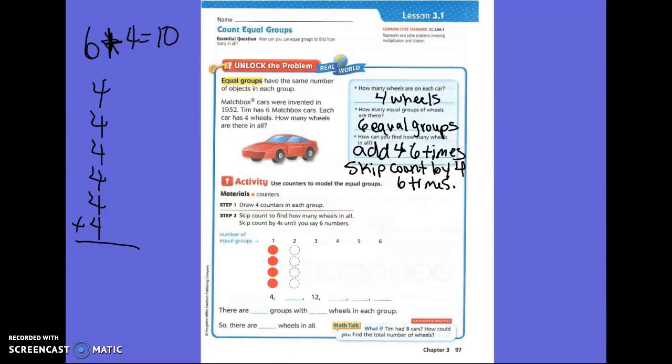They're making counters, the red circles, for 1 car. Now I want you to trace the other ones for car 2. And then you have to draw your own 4 wheels for cars 3, 4, 5, and 6. So you make 4 wheels for all the rest of these cars.